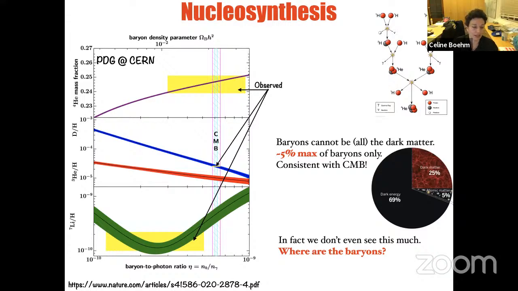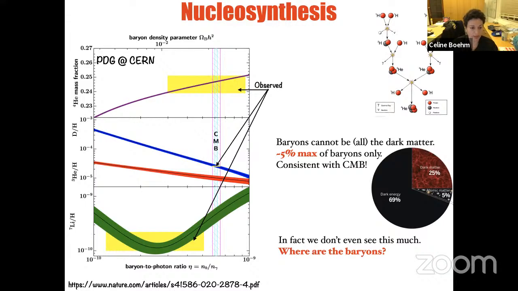So you see on the y-axis the fraction of helium-4, deuterium, helium-3, and lithium-7. The bands, for helium-4, are very narrow, the prediction is very good. The purple line is basically the prediction. The yellow band is where the observations are. I took this from the PDG, so you can read the details there if you're interested.